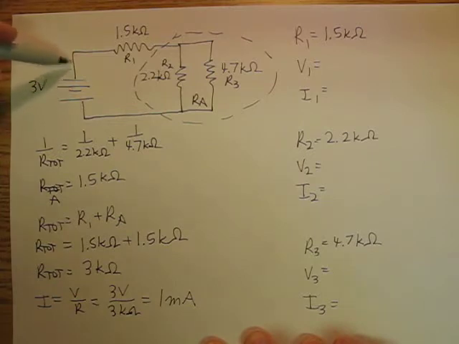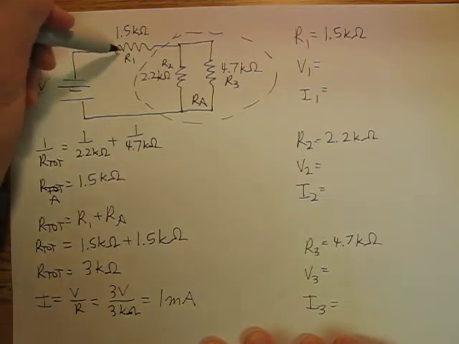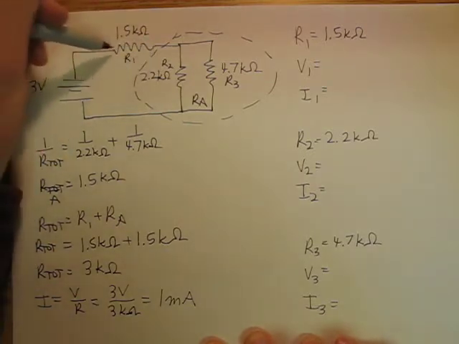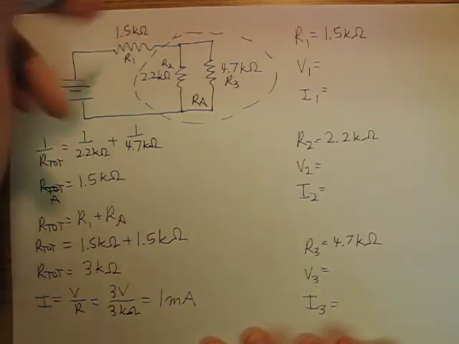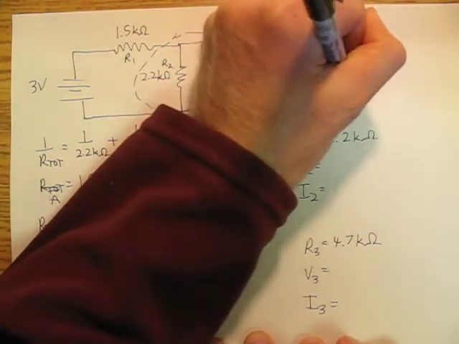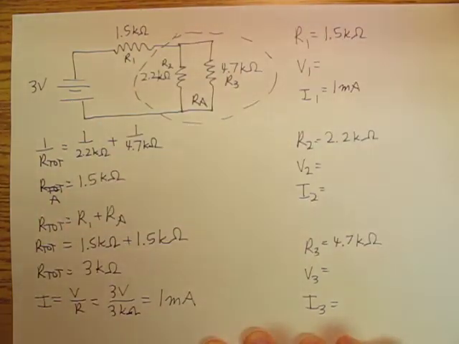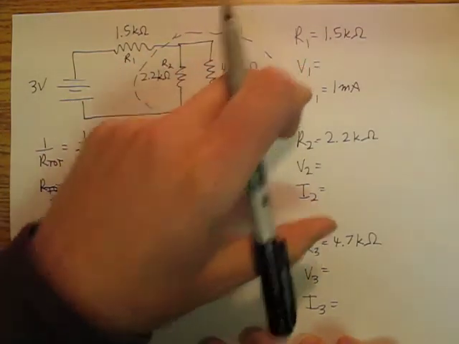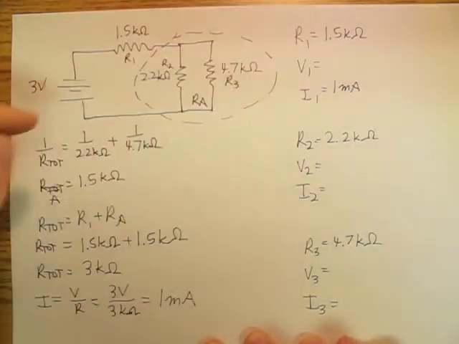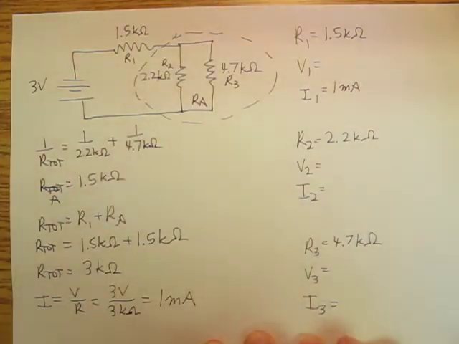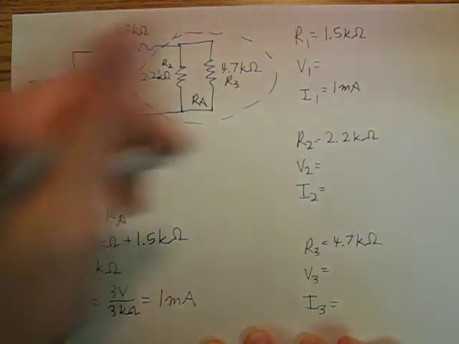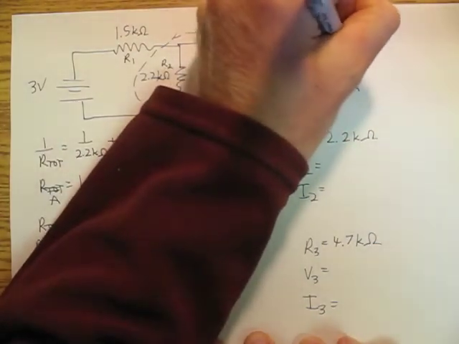If 1 milliamp leaves, then 1 milliamp has to go through this resistor. So I know the current through R1 has to be 1 milliamp. Now, using V equals IR, this is really simple: 1 milliamp times 1.5 kilo ohms is going to be 1.5 volts.